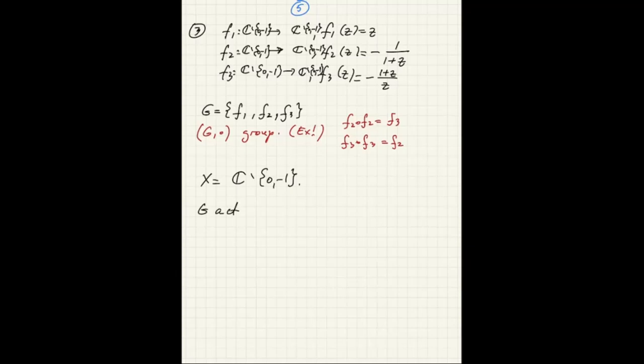G acts on X by the following. If we have one of these functions, let's call it Fj, an element X is mapped to Fj of X, for j in 1, 2, 3, and X in the set.